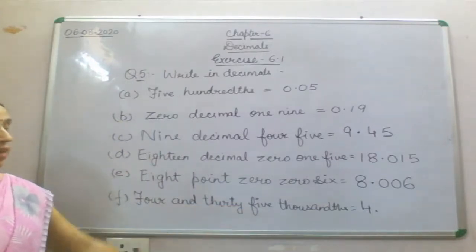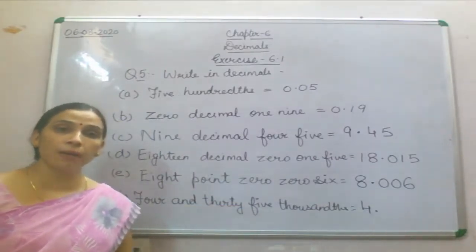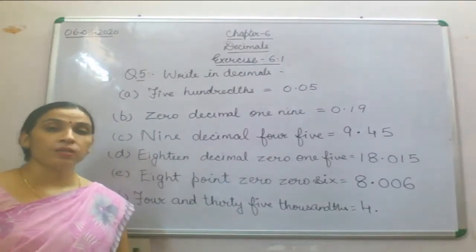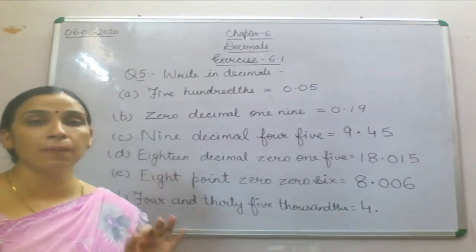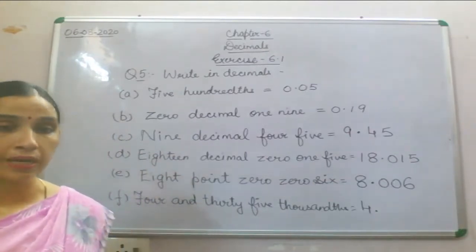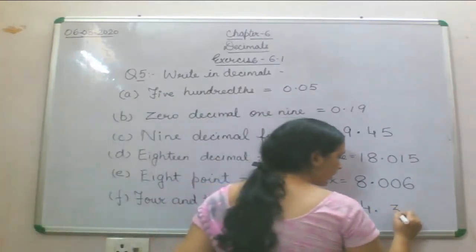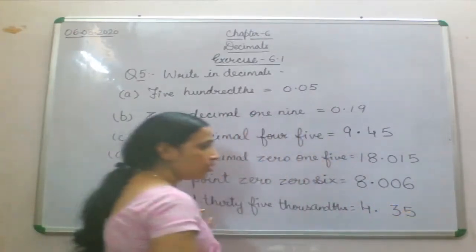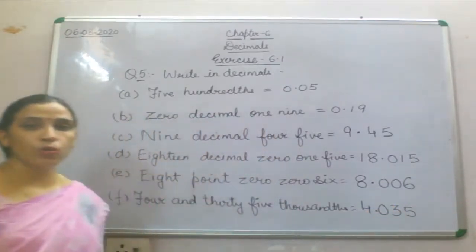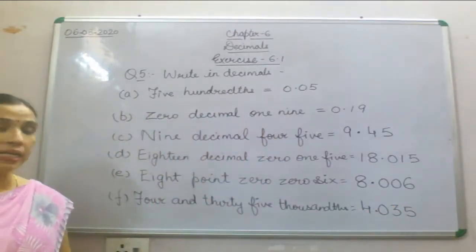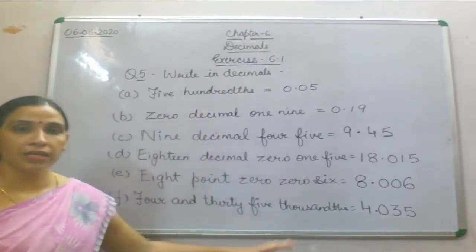Now 35,000 is thousandths place value. How many decimal places do you require? 3. Here you have been given only 2, 3 and 5, 35. So the third place will become 0. So what is the answer? 4.035.